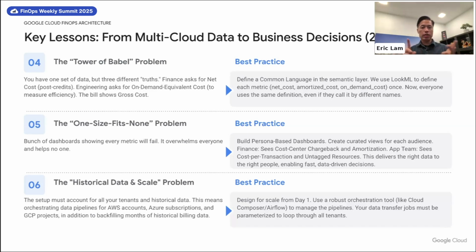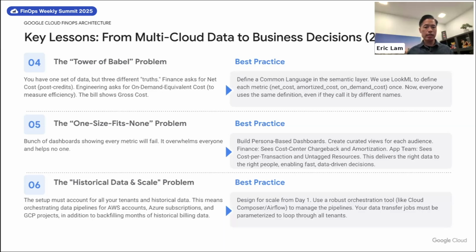Once you identify the persona and the use case, identify what data they need. Once you have the data they need, then you create the dashboard. If you create dashboards upfront and show them ones that aren't relevant, they're not going to care about it.